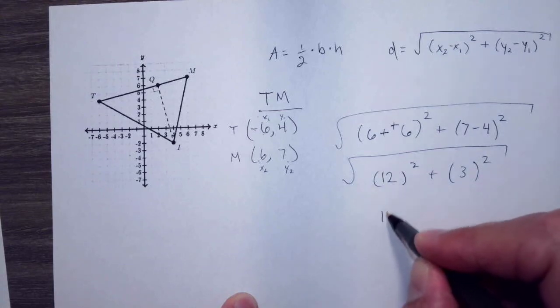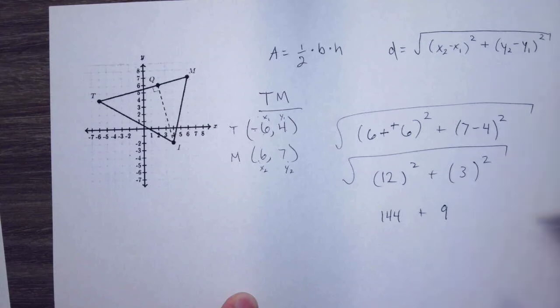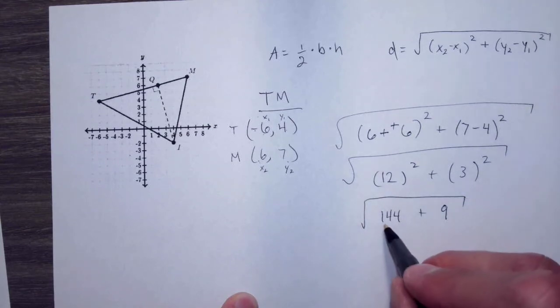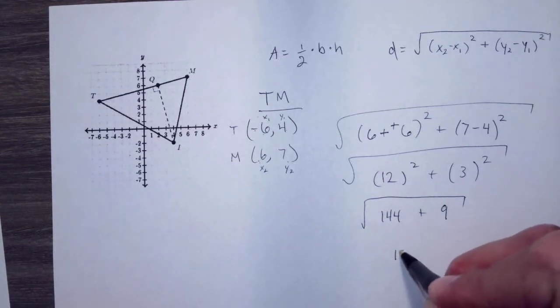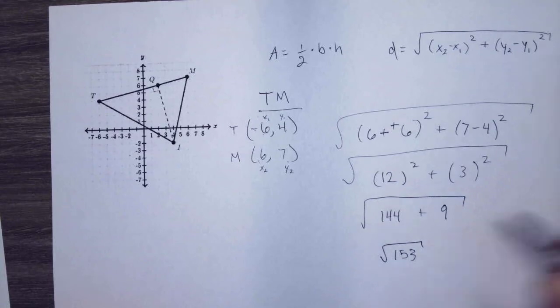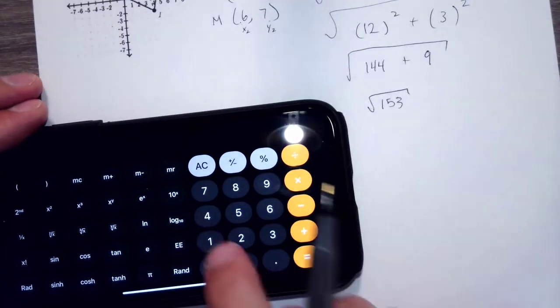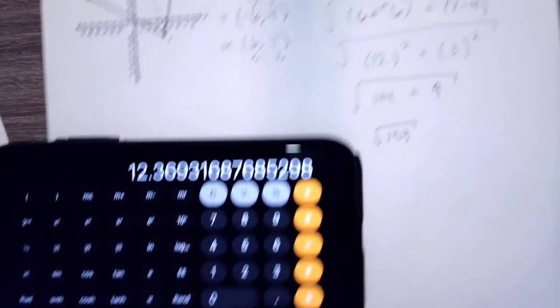So 12 squared is 144, plus 3 squared is 9. 144 plus 9 is 153. And then square root, so I'm just going to take my calculator. 153 and square root.